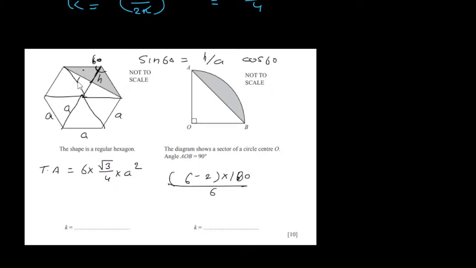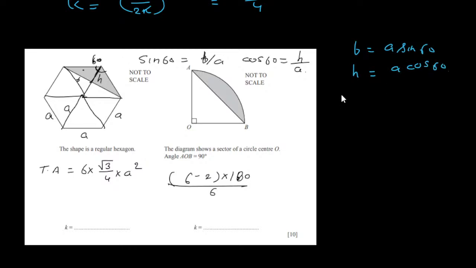Sine 60 is b upon a, and cos 60 is h upon a. So base b is a sin 60 and height is a cos 60.